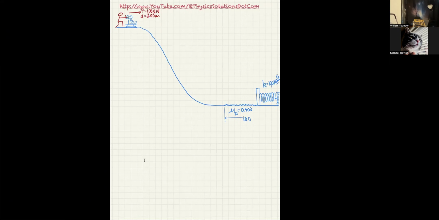Actually, let's make it 20 meters. Let's make it 40 meters. Okay. And finally, I'm going to say that the height difference here is h equals, no, let's make it 200 meters.